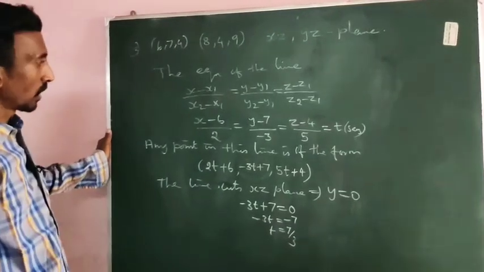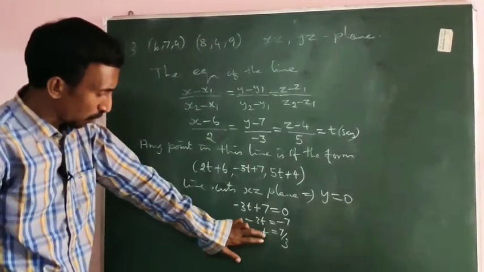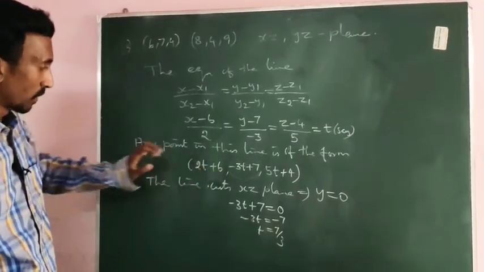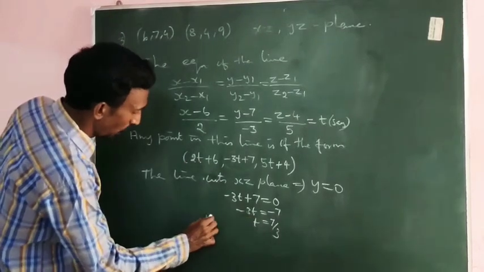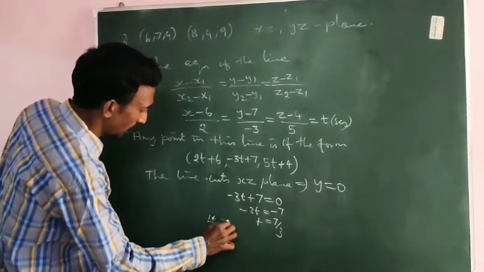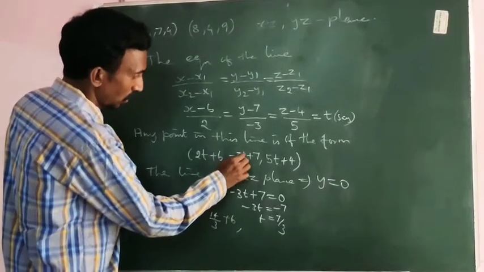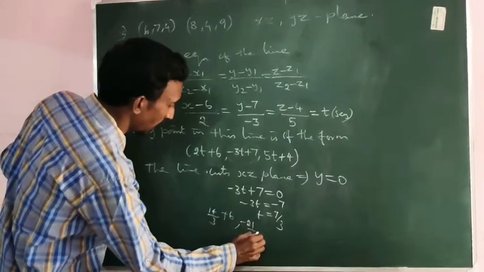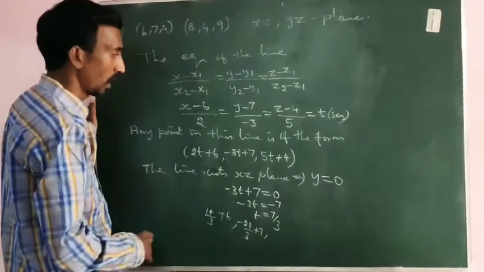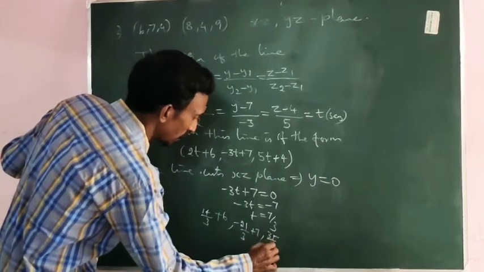Now put the value in the previous one. So 2 into 7, 14 by 3 plus 6, comma, minus 21 by 3 plus 7, comma, 35 by 3 plus 4.